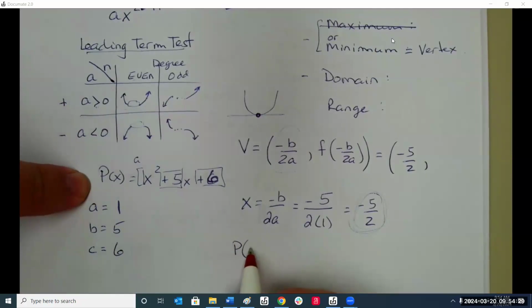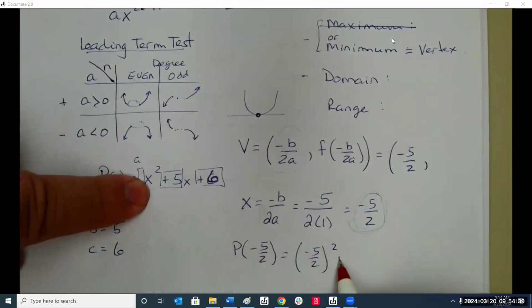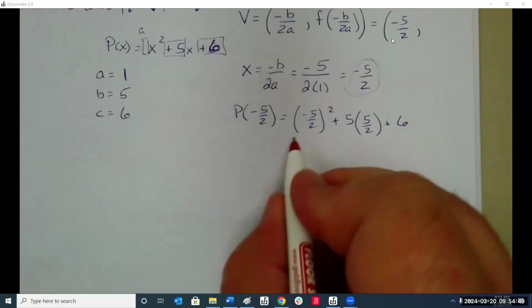So the polynomial at negative 5 over 2 is negative 5 over 2 squared plus 5 times negative 5 over 2 plus 6. And work it out.